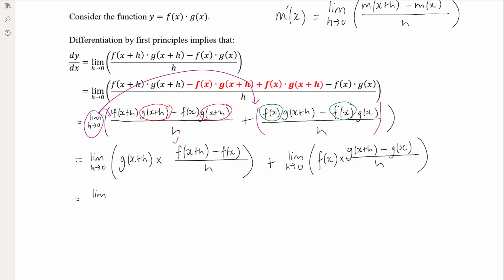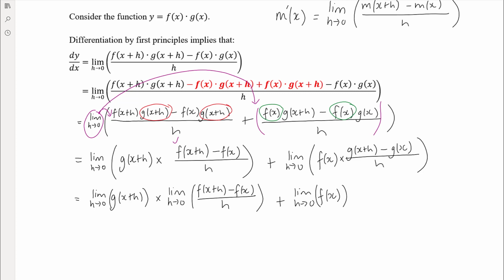So we're going to have the limit as h approaches 0 of g of x plus h multiplied by the limit as h approaches 0 of f of x plus h minus f of x all over h, plus the limit as h approaches 0 of f of x, and then multiplied by the limit as h approaches 0 of g of x plus h minus g of x all over h.